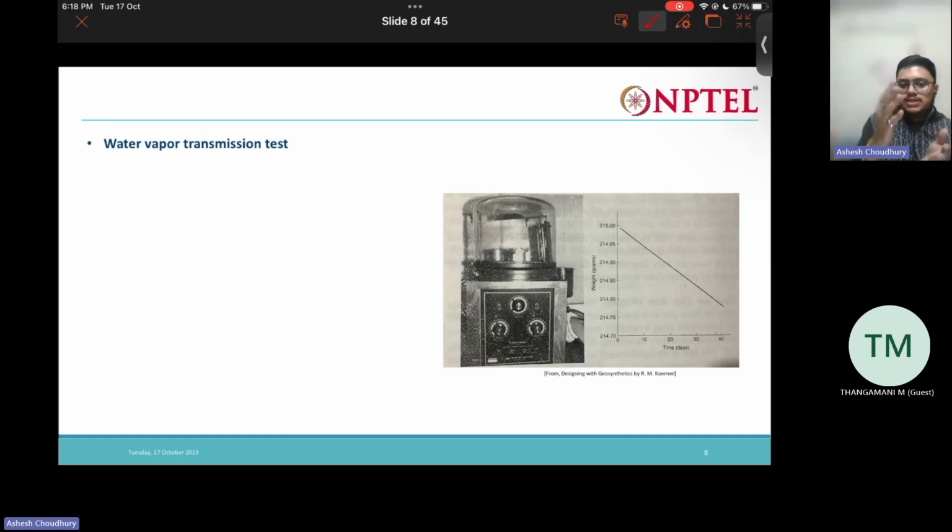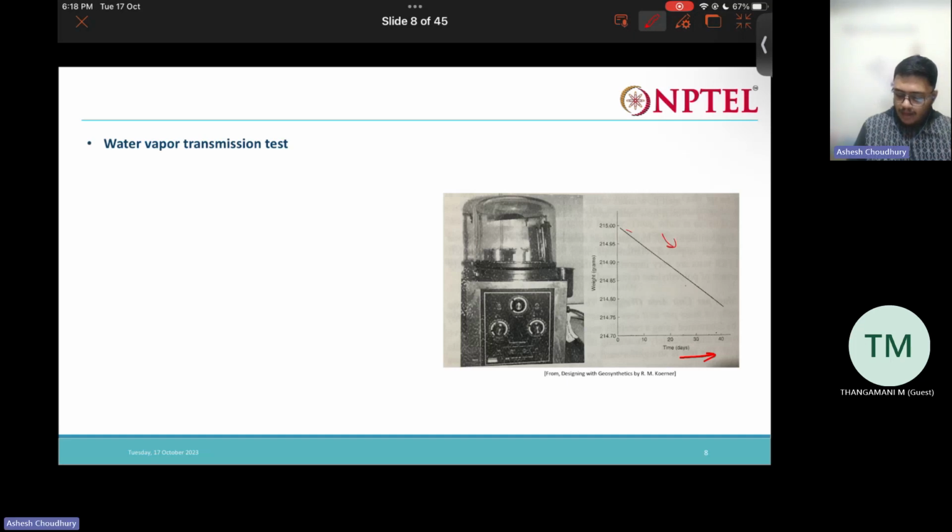And outside there is obviously less than 100%. So what will happen? There will be some diffusion of water vapor from inside to outside. So the loss of water in the cup is calculated with time. Here you can see as time increases, the weight of water inside the cup is reducing.